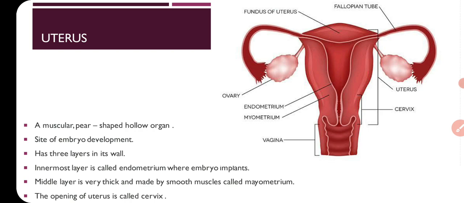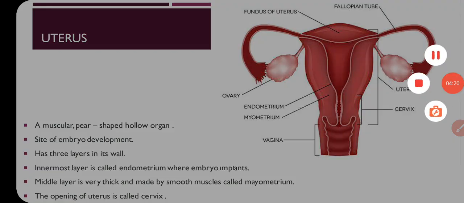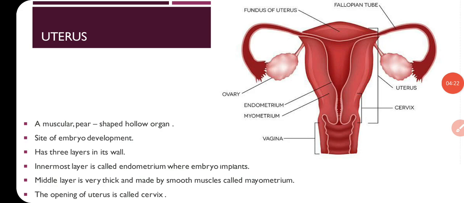So uterus is highly muscular, and due to the contractions of the muscles in the wall of uterus, the baby pushes out during the delivery. When the egg gets fertilized, it moves forward into the uterus and gets implanted here.